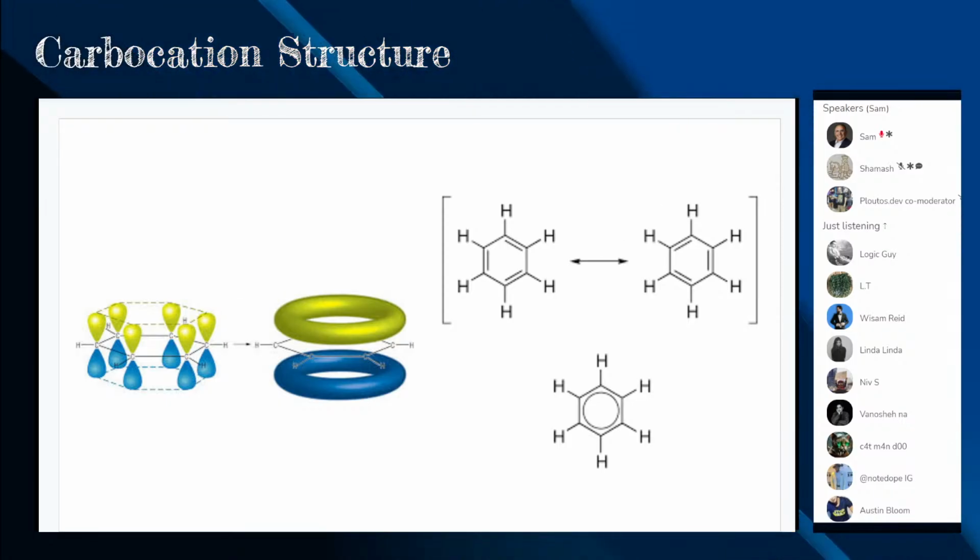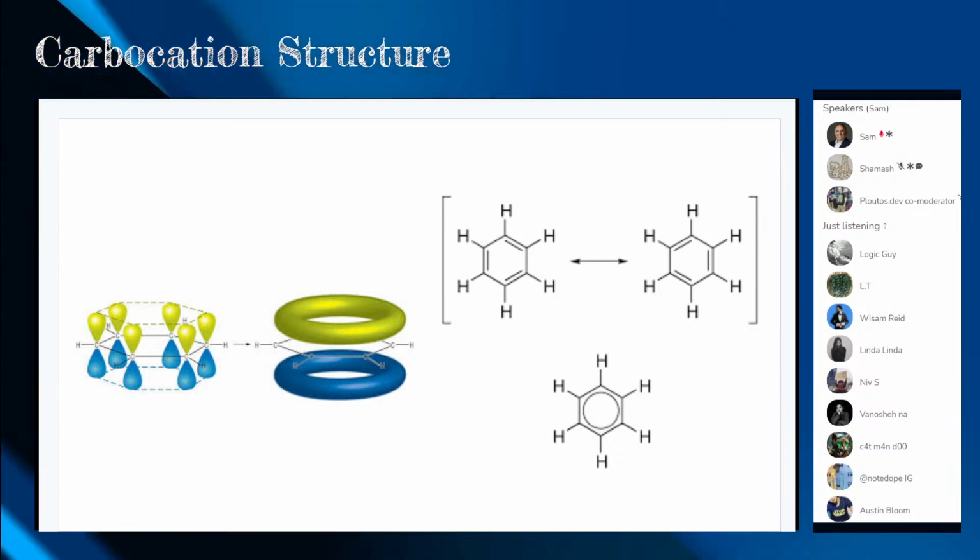And again, both spectroscopy and crystal structure show that all carbon-carbon bonds are identical, and all hydrogens in this molecule are identical. So all hydrogens and all carbons are identical, and all carbon-carbon bonds are identical.